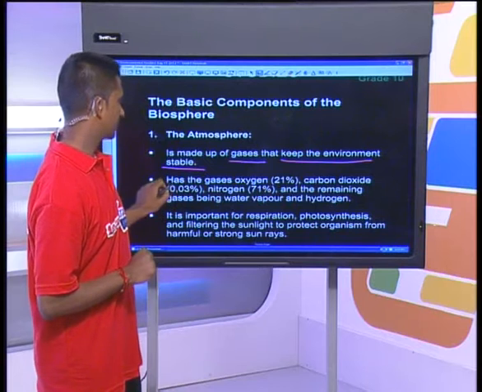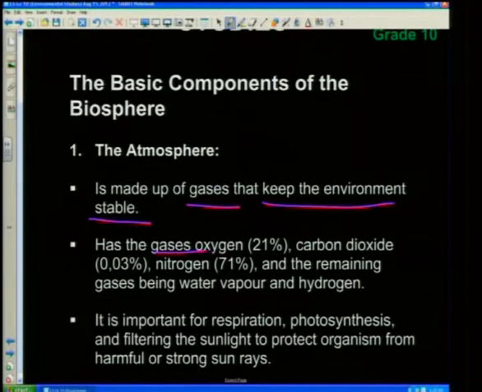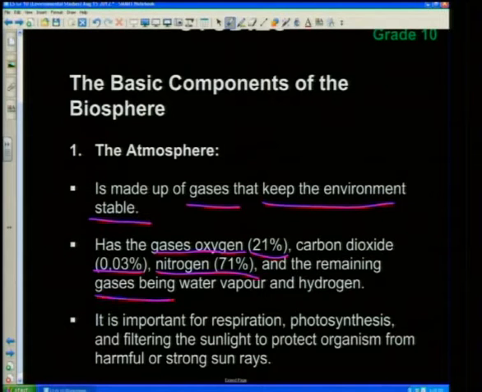The atmosphere has gases. It has oxygen, which is 21%, carbon dioxide, which is 0.03% of the atmosphere, nitrogen, which is a whopping 71% of the atmosphere, and the remaining gases being water vapor and hydrogen.